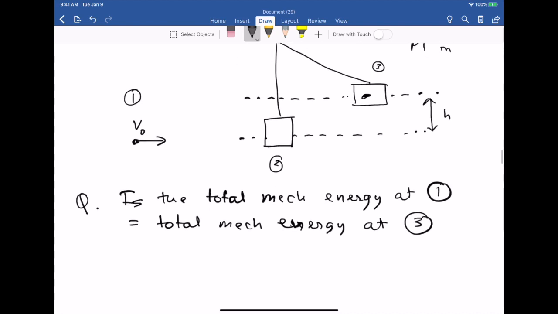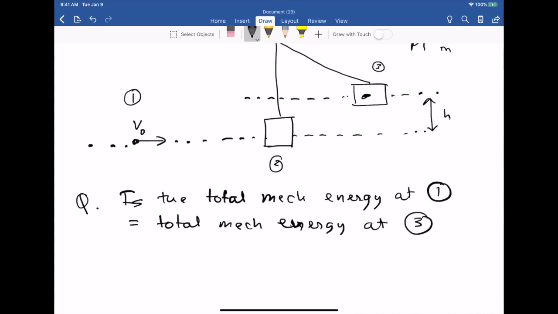In other words, at position number 1, if we take h equals 0 over here, the bullet just has kinetic energy. It doesn't have any potential energy because potential energy is mgh and h is equal to 0 at the height of the bullet. So at position number 1, all the energy is kinetic, the kinetic energy of the bullet.